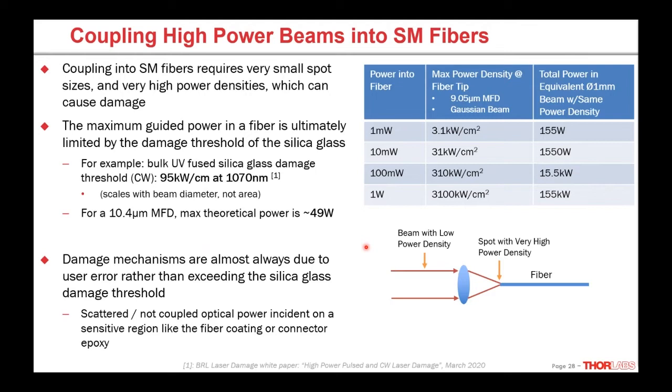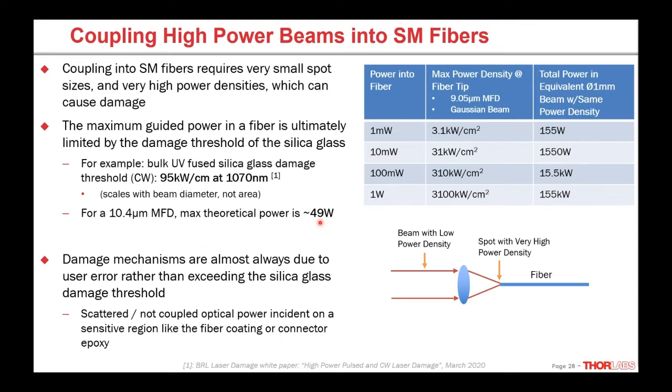The ultimate limiting factor here is what the silica glass the fiber is made out of can handle. There's a lot of different sources, but one I found said a little under 100 kilowatts per centimeter of beam diameter. And that would tell you for a 10.4 micron mode field diameter in an SMF28 fiber, you can get in something like 50 watts before you have to worry about the actual silica glass degrading.